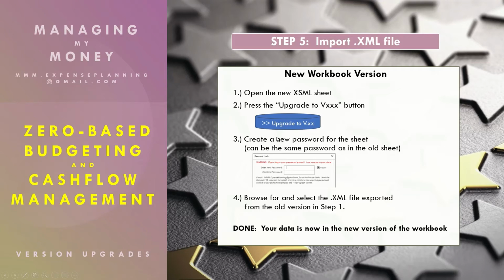Press that button. It will ask you to create a new password for the sheet. It can be the same password as in the old sheet, just create it brand new. Then it'll ask you to browse for and select the XML file that was exported in step 1. You click that and it will import the data, and when it's done, all your data is now in the new version of the worksheet and you have successfully upgraded.